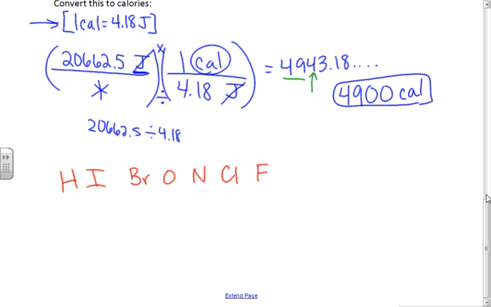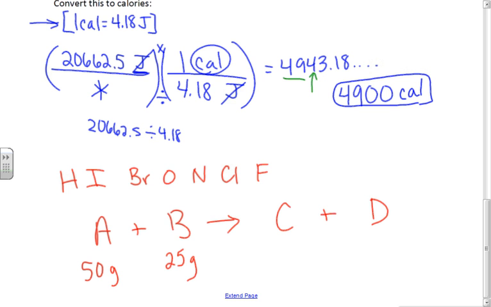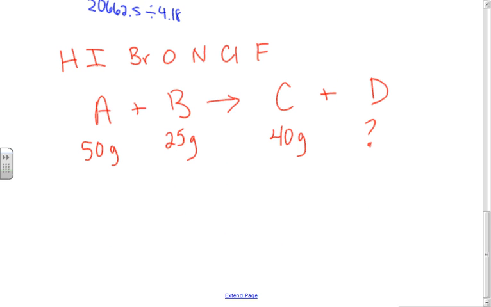And you have to be able to look at an equation and figure out the mass of something that's missing. So we have our law of conservation of mass. So we have element A plus element B, and it's going to make that. And if this weighs 50 grams, and this weighs 25 grams, and then this weighs 40 grams, how much does this thing weigh? Remember, our law of conservation of mass tells us that whatever we start with before, we have to end up with the same amount at the end.